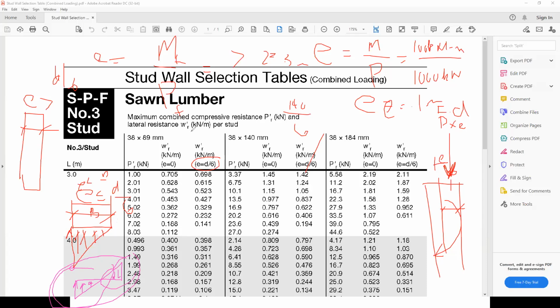And that's what happens also in the stud. If the eccentricity happens to be greater than D over 6, instead of having inside here your compression force that looks like this, you end up getting both compression and tension inside your stud, and you can't use these values anymore. So that's what they mean by the eccentricity being less than D over 6.